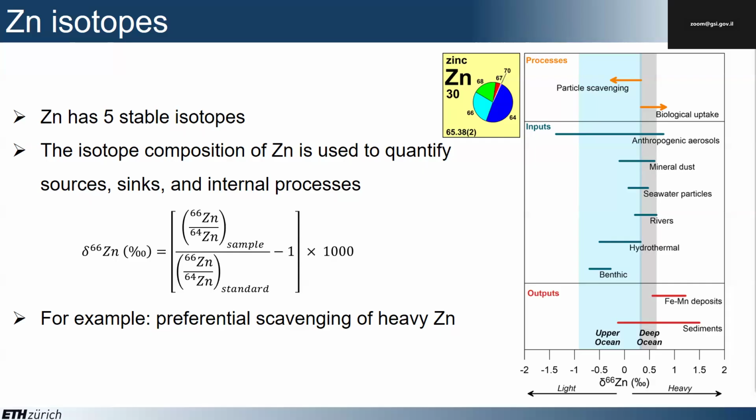During scavenging, during adsorption onto particles, there will be preferential scavenging of heavy zinc. So heavy zinc isotopes will be preferentially adsorbed onto suspended particles. And this would make the dissolved pool isotopically light and the particulate pool isotopically heavy.